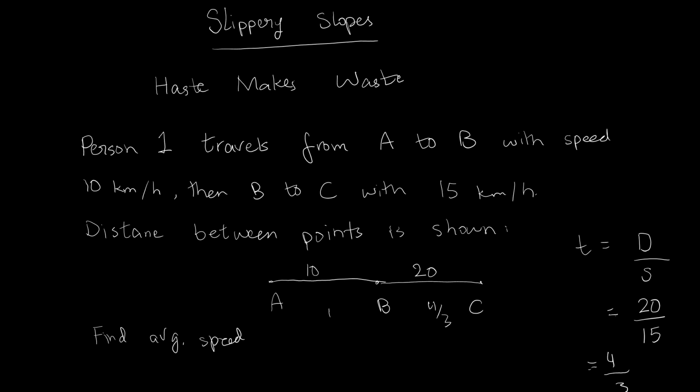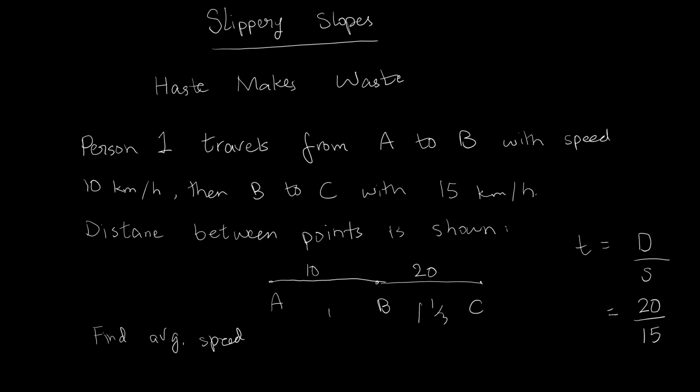We can now calculate the total time. 4 over 3 can be very easily converted into mixed fractions. It's just like intuition, right? 4 over 3 is like 1 and 1/3 because 3 over 3 is 1. So if that is your intuition, go with it because it will make your calculations easier. So 1 and 1/3. And now you can add them easily. It would be 2 and 1/3.